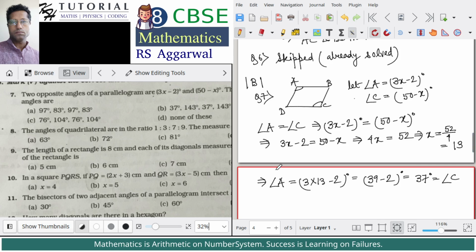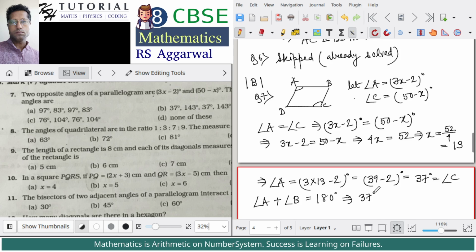Now, what will be angle B? Angle A and angle B, since they are a pair of adjacent angles in the parallelogram, their sum should be equal to 180 degree. So angle A is 37 degree.